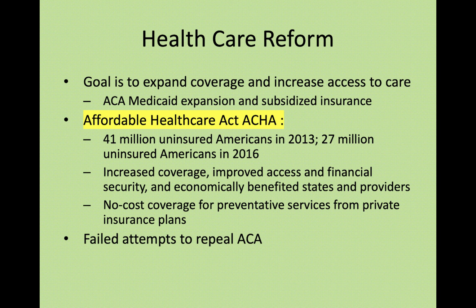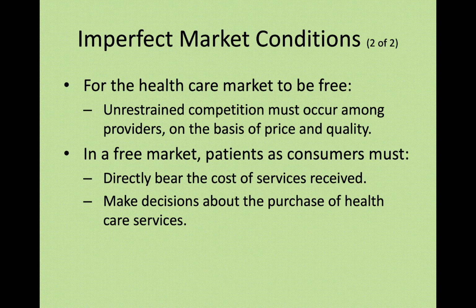One of the big ways that we do this is the Affordable Health Care Act, or ACA, and it says that we're trying to move people to do this. There have been failed attempts to repeal ACA, but there are still a lot of things that need to be addressed, because ACA is, I would say, not completely fully implemented. There are gaps and things that need to be addressed.